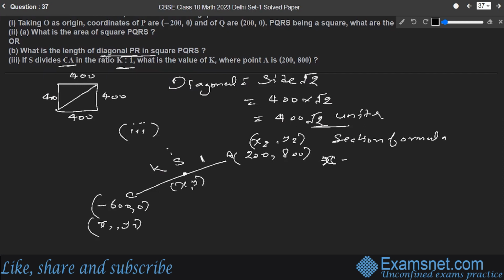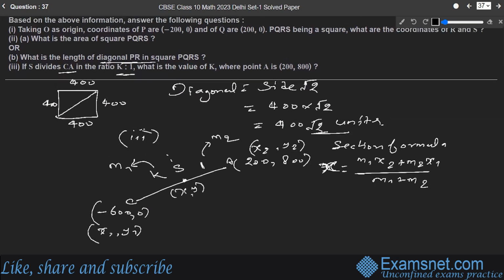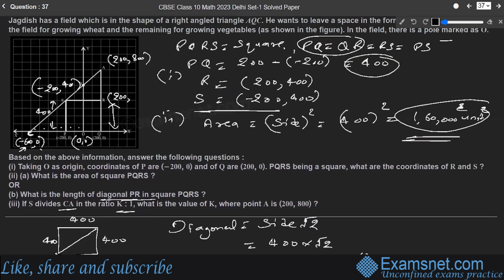The x coordinate of the point S can be calculated by m1 x2 plus m2 x1 upon m1 plus m2, where m1 in our case is K and m2 is 1. Let us put in the values. The coordinate of S we already know: minus 200 and 400. These are the coordinates of S, minus 200 and 400.